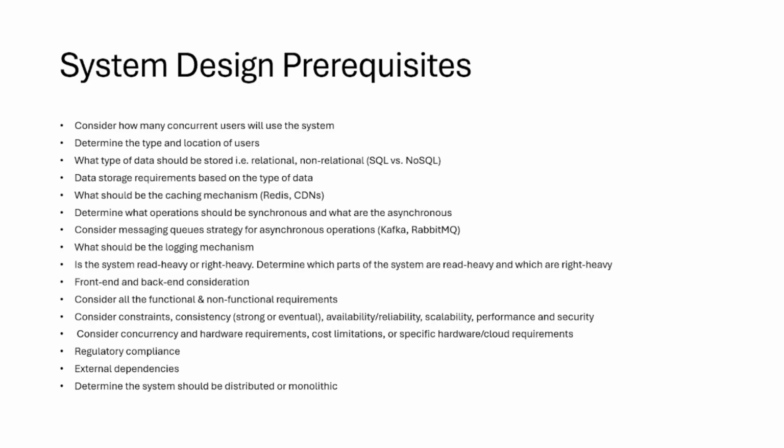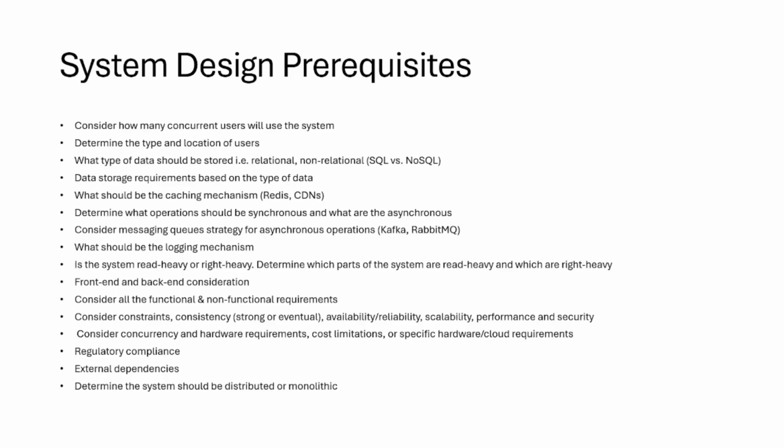You should consider whether your system is read heavy or write heavy. Determine which parts of the system are read heavy and which are write heavy. Front end and back end consideration. So you have to analyze what you should consider for the front end and what you should consider for the back end. Consider all the functional and non-functional requirements.